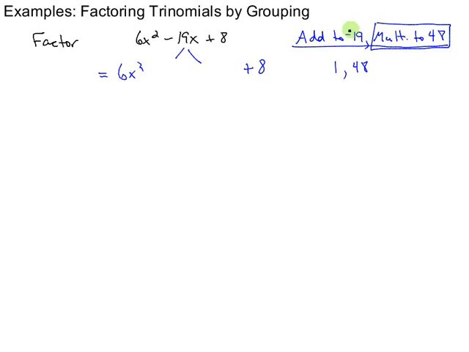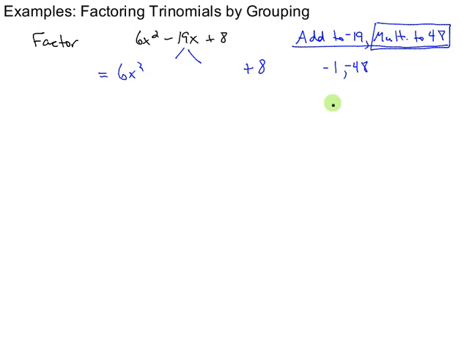Clearly not even close to adding to negative 19. In fact, if I keep going down this list and use only positive numbers, they'll never add to a negative. So when they multiply to positive 48, I could use positive and positive, or I could use negative and negative. Well, the only way to get a negative sum when I add them, in other words, I need 2 negatives. So negative 1, negative 48.